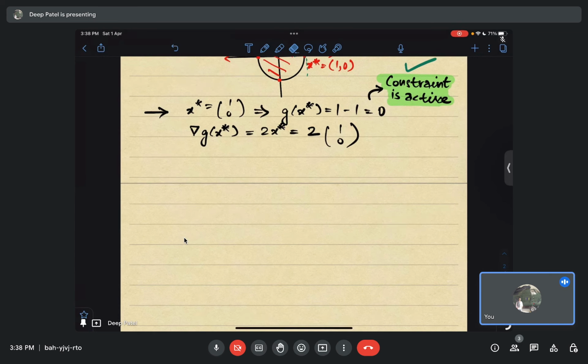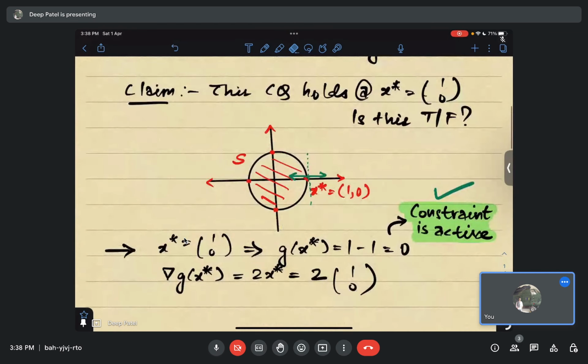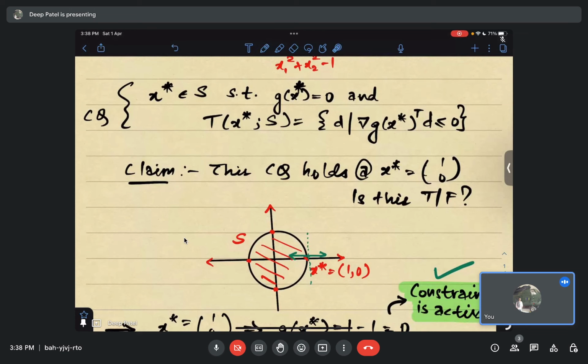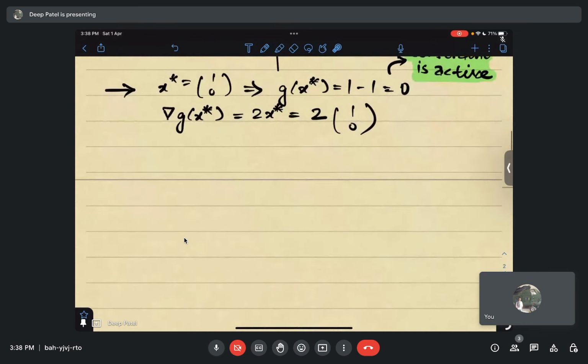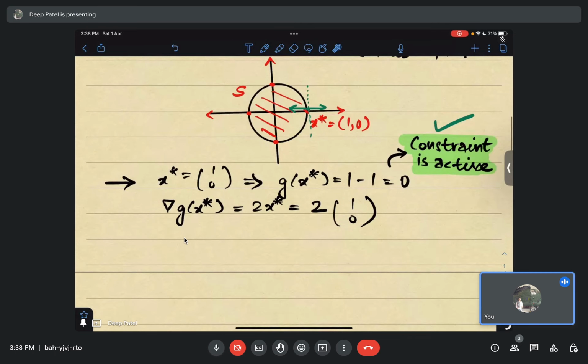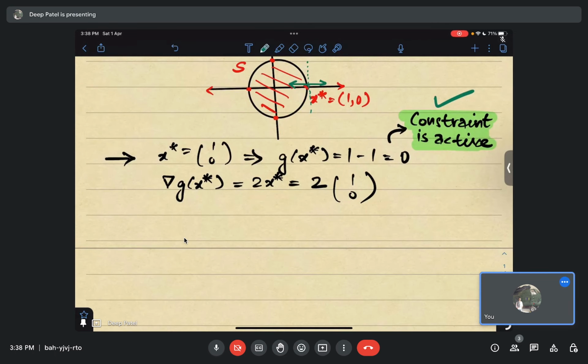Okay, so again going back to the definition. What do we have to prove now? We have to prove that the tangent cone looks like this, right? So what do we know right now? Step 1 is done.